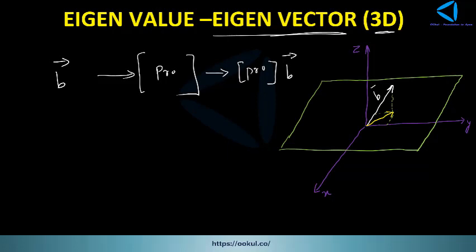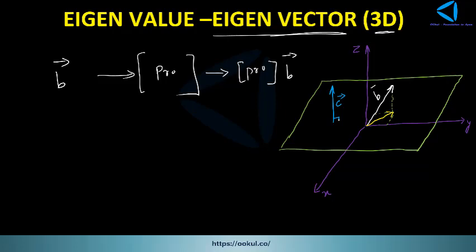But wait, let us take exactly perpendicular. If we are taking exactly perpendicular, I will make it a different color here. Suppose you have a vector, say c, which is directly perpendicular to the plane, right?